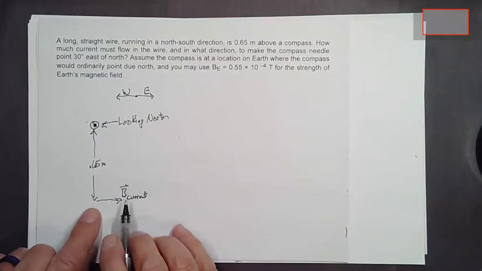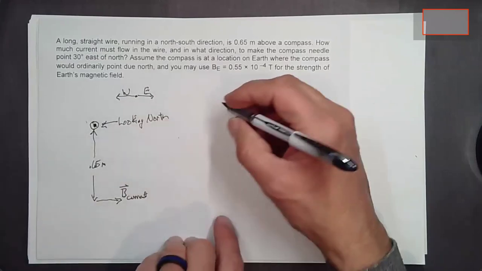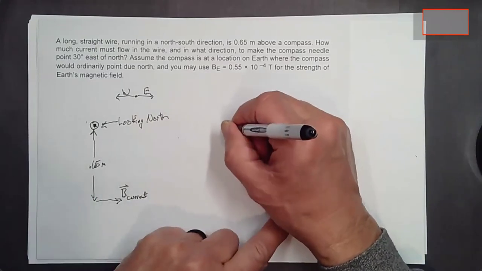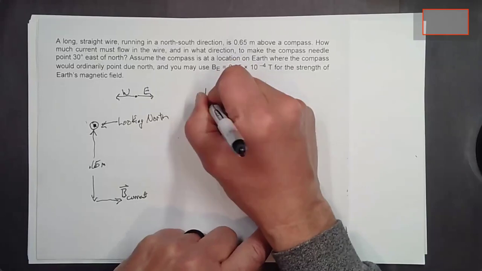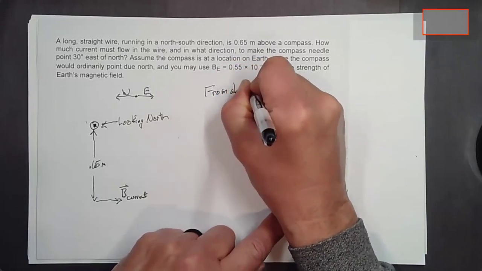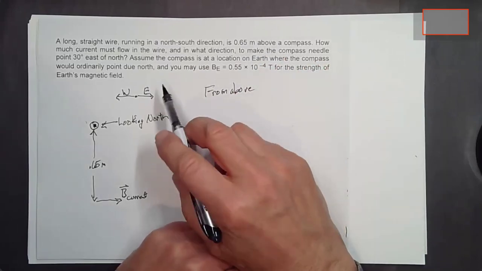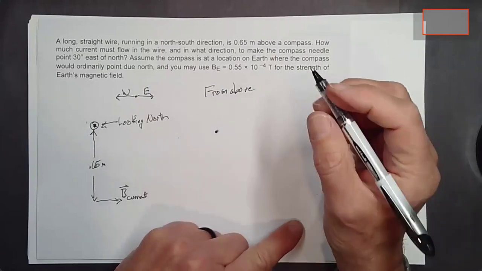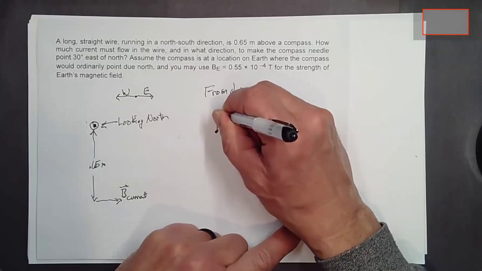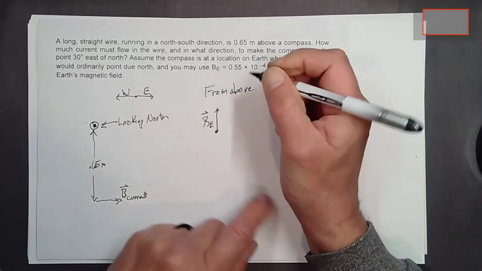Then, if we look from above, down at the magnetic fields that we've got at this point, we change our viewpoint. The compass would ordinarily point due north, so B sub E is pointing in that direction.